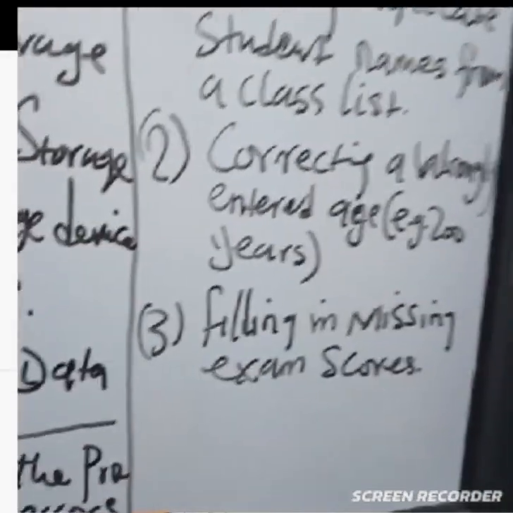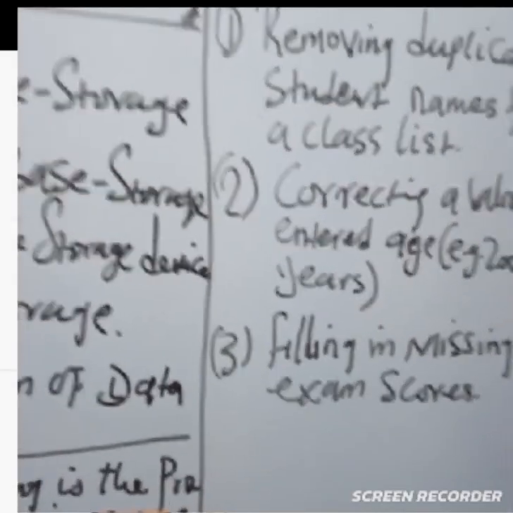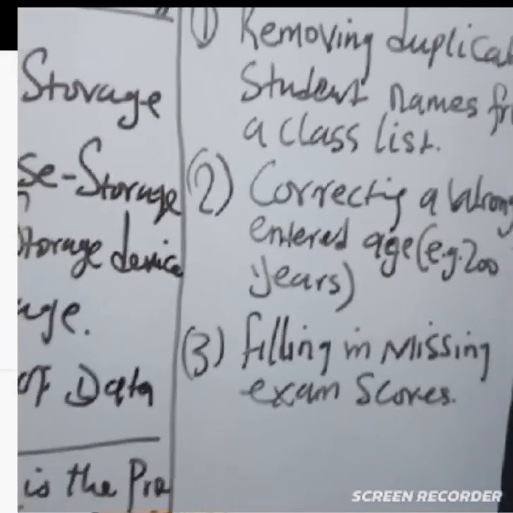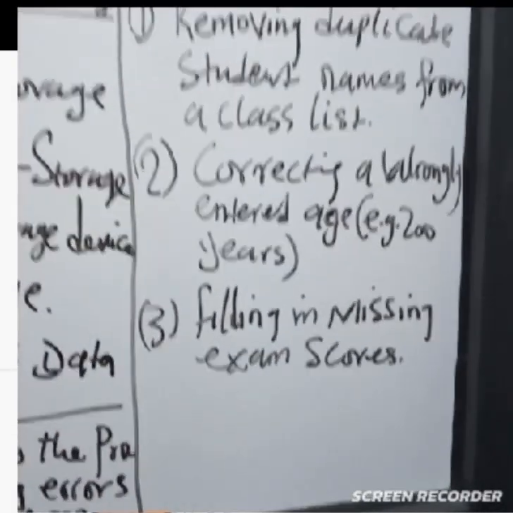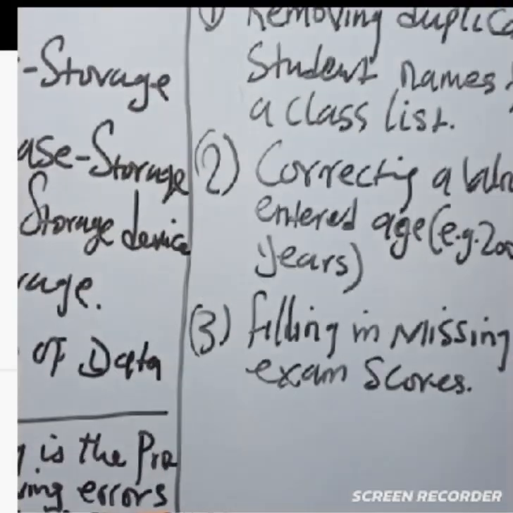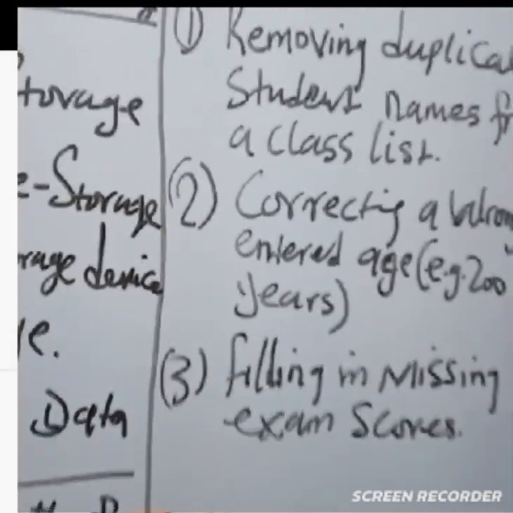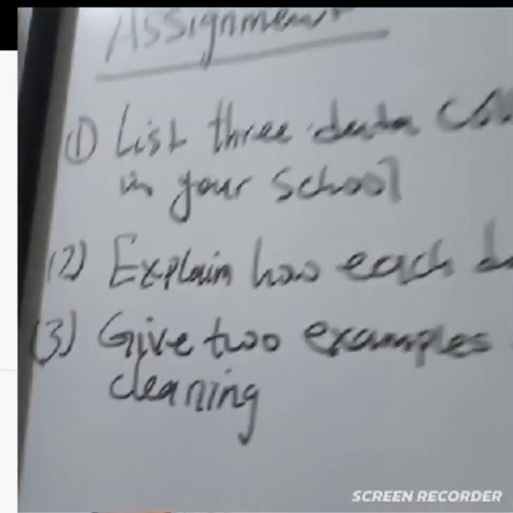You can take down this note and put it in your jotter, or write it in your notebook, and read it again and watch this video time and time again until you understand this lesson very well. Now, your assignment.